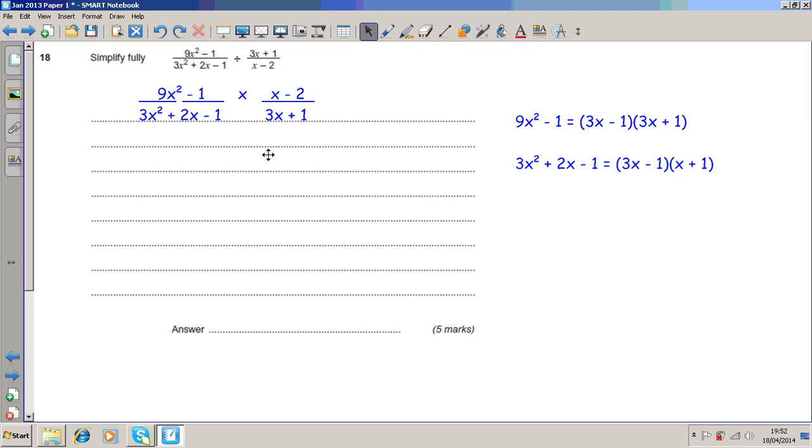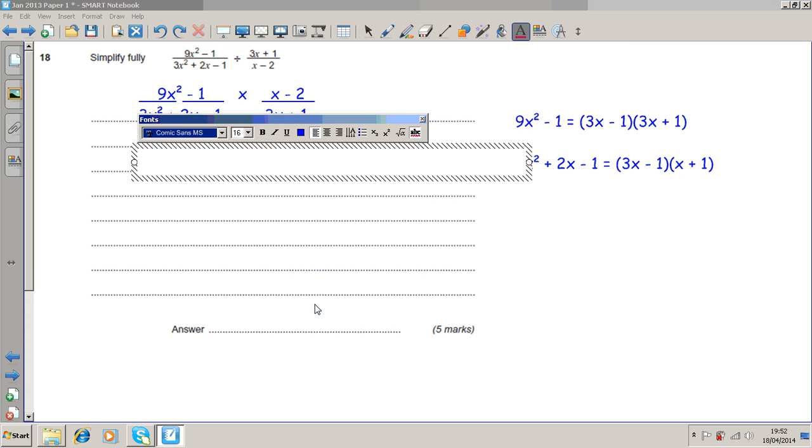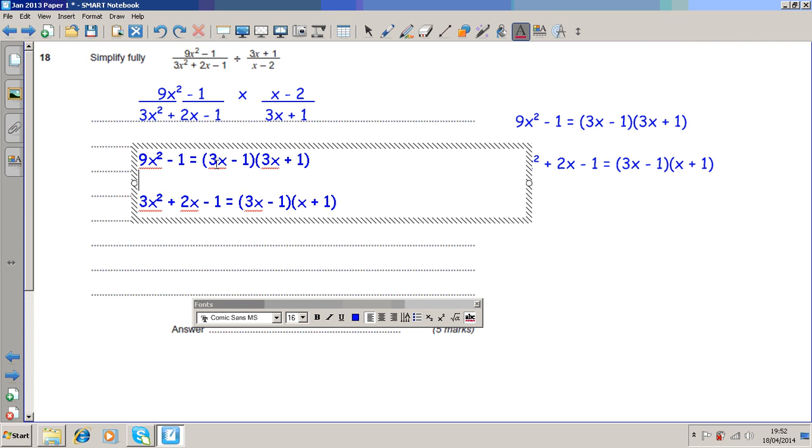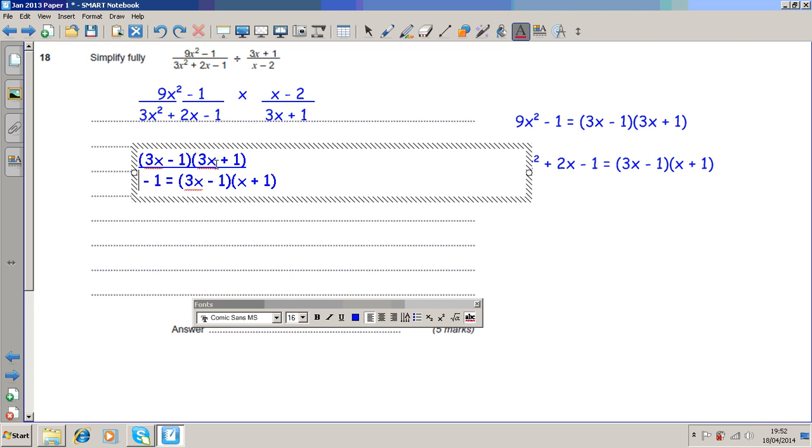So now I've got that, I can put that into the sum we're trying to work out. 9x squared minus 1 is equal to that. And 3x squared plus 2x minus 1 is equal to that. So that's that there.